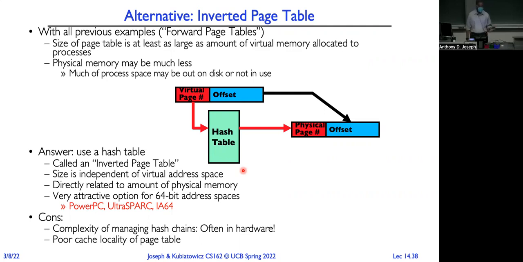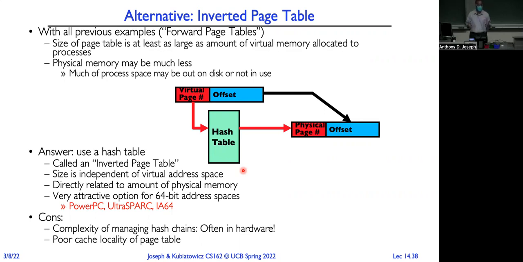The other issue you have is if I want to walk through the page table itself, there's no locality here, right? Because one virtual page number hashes to some location in the hash table. The next virtual page could hash to something far away. The next virtual page could hash to something far away. So there's no locality. Whereas with the approaches we were looking at before, one virtual page table entry was right next to the next entry, was right next to the next entry.